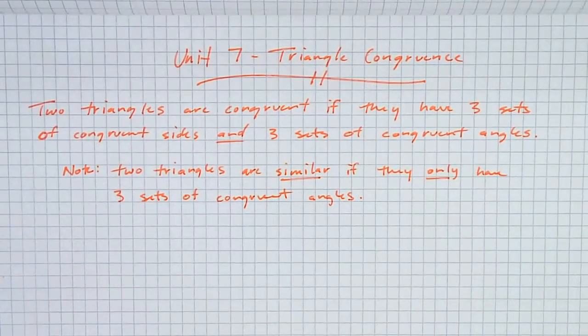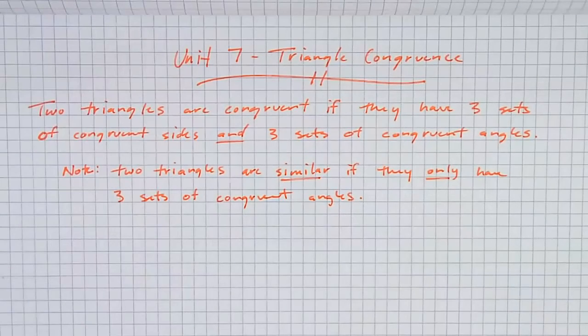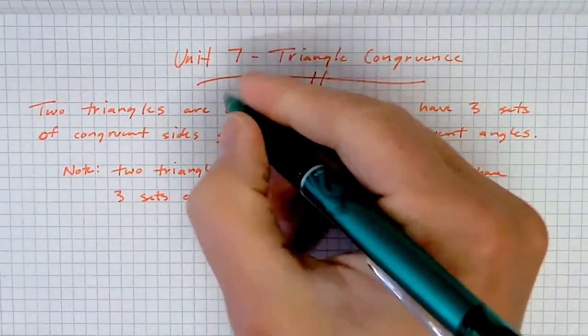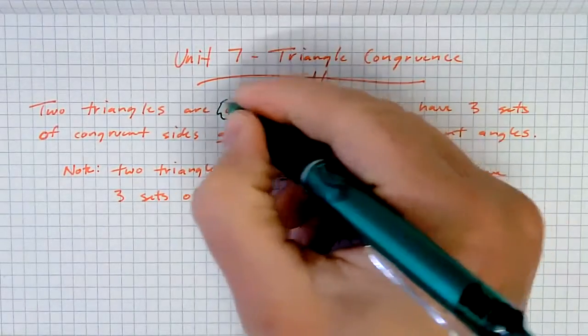Okay, last class we talked about similar triangles, or shapes. Two shapes are similar if they only have three sets of congruent angles. So sides are not included in that. But for the most part, we'll be talking about just congruency.